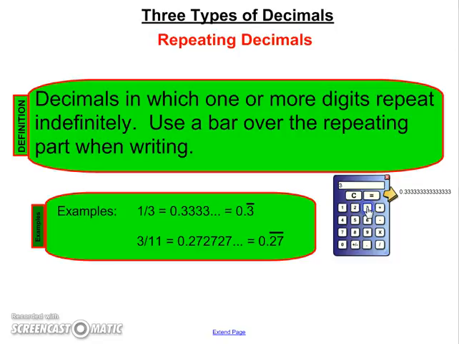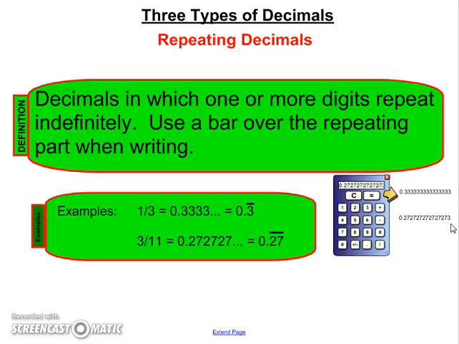Or 3 divided by 11. Again, I have it shown there in the box, but you'll notice 27, 27, 27, 27. Now, in this particular case, you'll notice when I kicked it out here, it went 2, 7, and then 3. Well, the calculator, because it only has so much space, figured the next number would have been a 7, so it automatically is programmed to round.